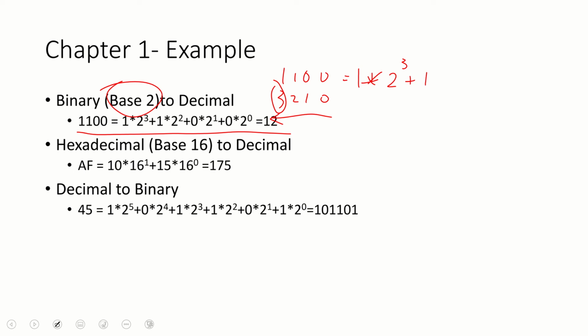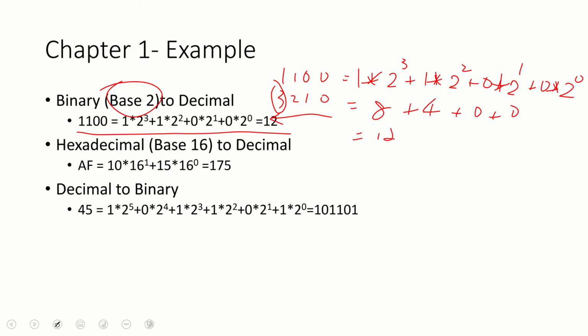So basically, 1 times 2 to the power of 3, because this one is at index 3, right? Then plus 1 times 2 to the power of 2, then plus 0 times 2, plus 0. Then we get the number. This will be 8, plus 4, plus 0, plus 0, and you get 12.